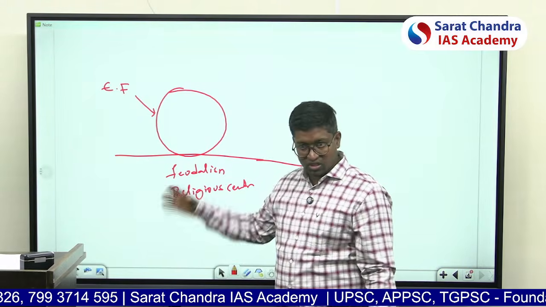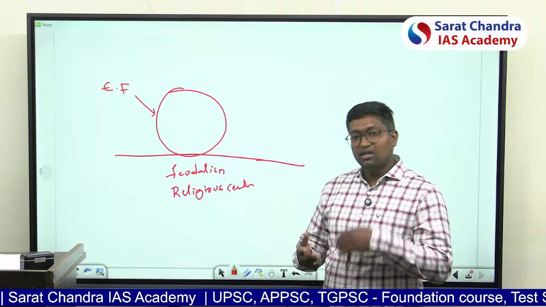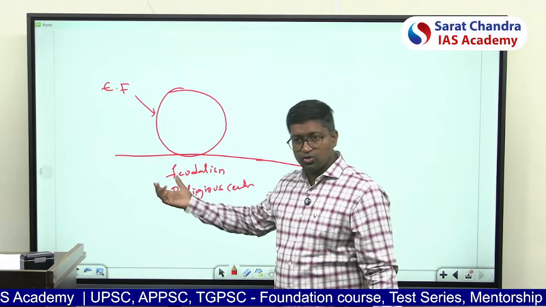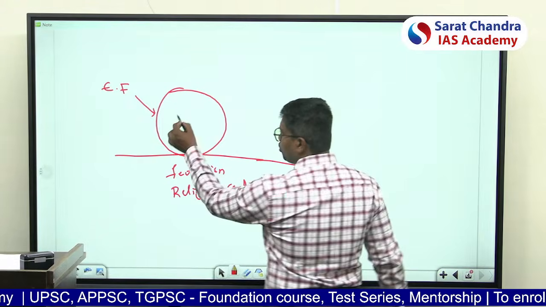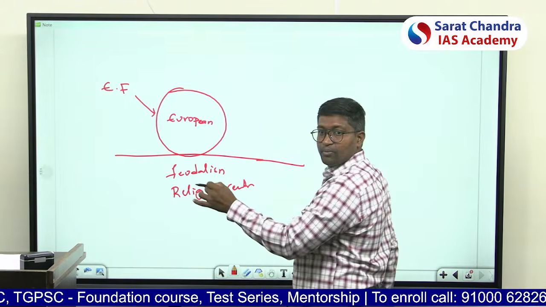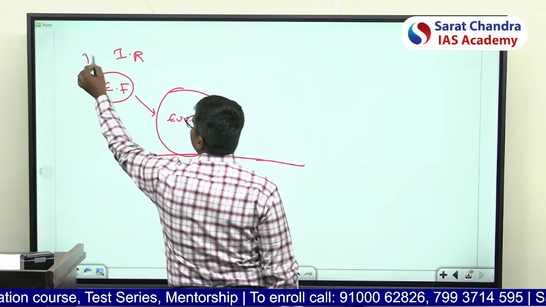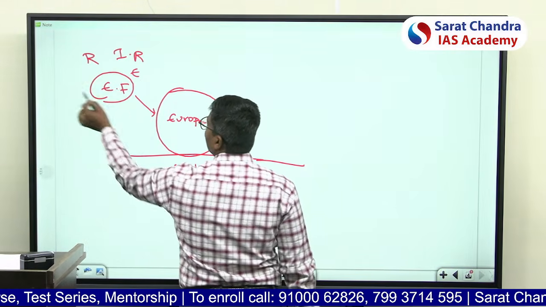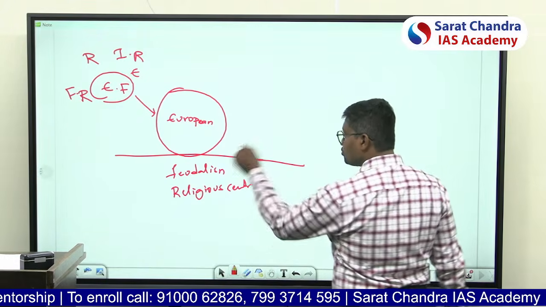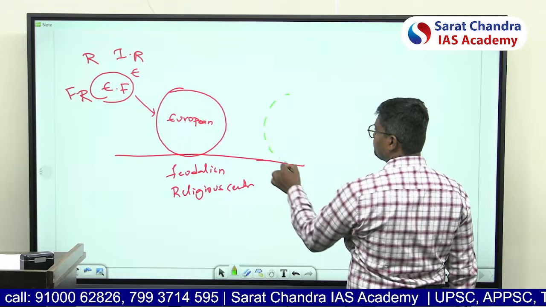Martin Luther led to the Reformation, and Calvinism was founded. So this is how you can also talk about it. The European society which was stagnant, because of external forces like the Industrial Revolution, Renaissance, Enlightenment and French Revolution, led to change, and this European society has seen some change.